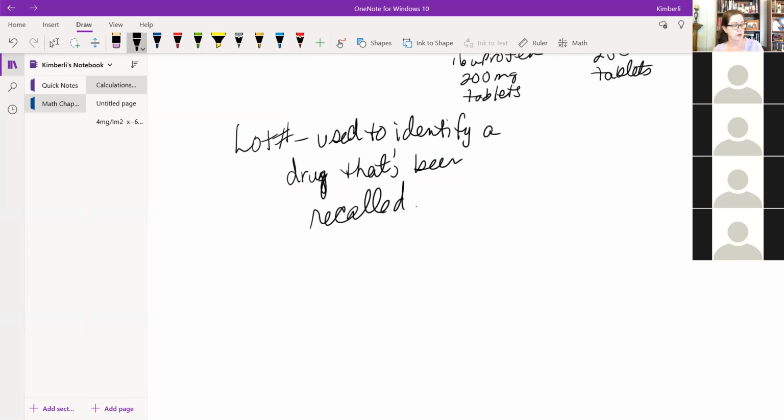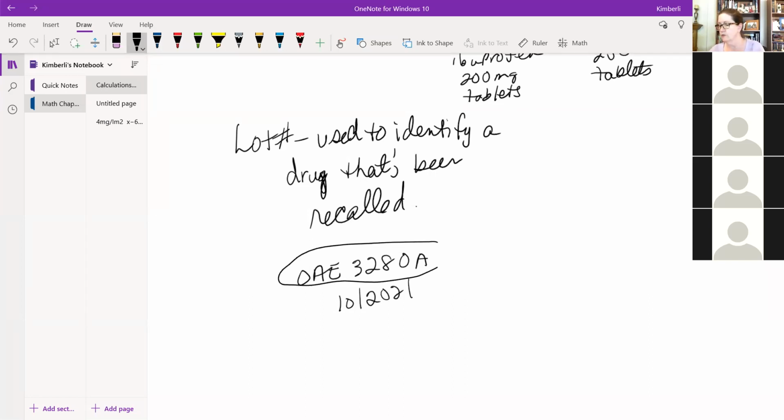So back here, right down there in the little black box, I have the lot number is OAE 3280A. And the expiration date is 10/20/21.